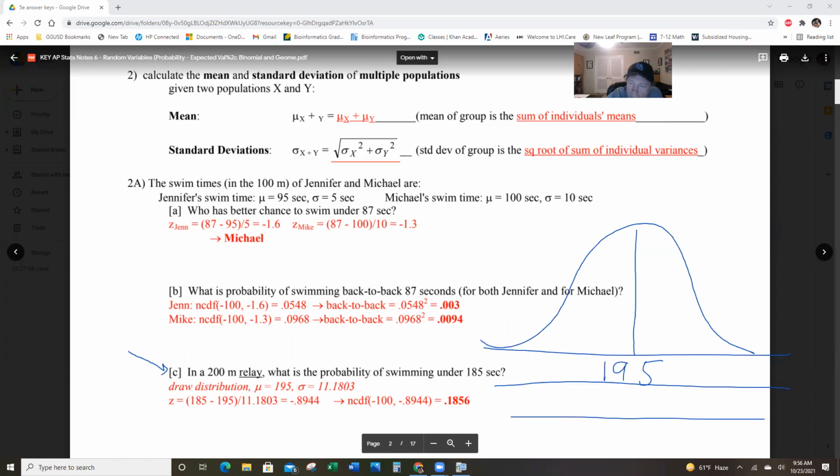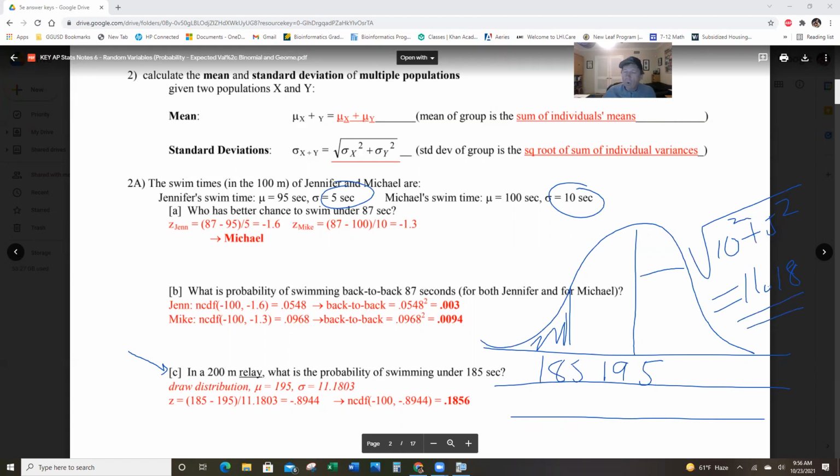So 185 is somewhere here. Now, the standard deviation is not going to be 15. It's not 10 plus 5. Like I said, it's Pythagorean. So it's actually going to be the square root of 10 squared plus 5 squared, which I believe is like 11.18. You can check that on me, 11.18.